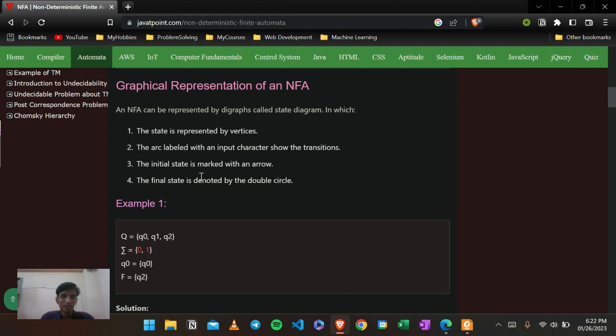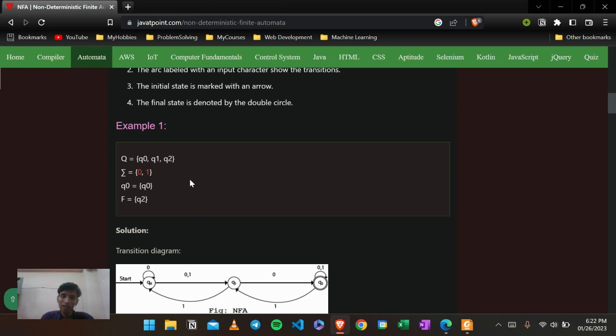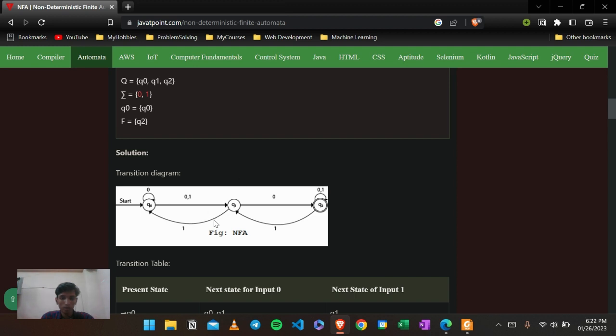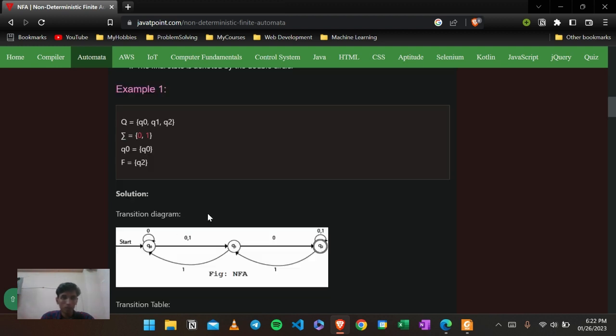The second point is that an arc labeled with an input character shows the transitions. The third point is that the initial state is marked with an arrow, and the fourth and last point is that the final state is denoted by a double circle. You can see that all these points are followed in this particular NFA transition diagram.